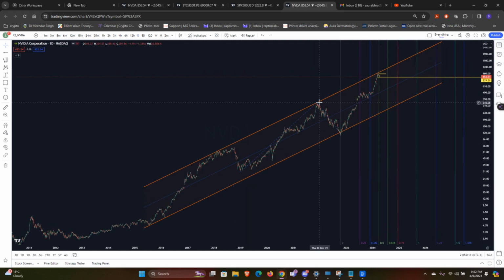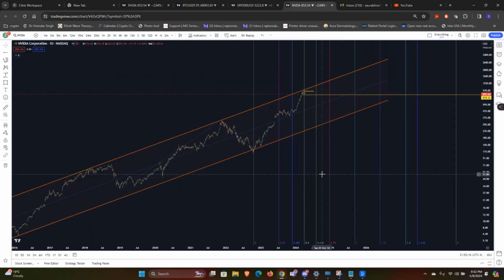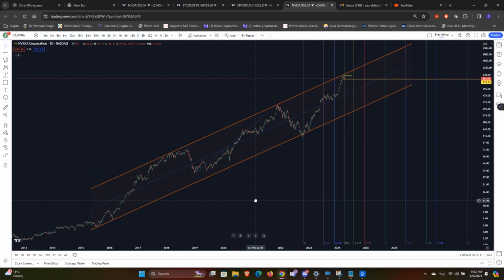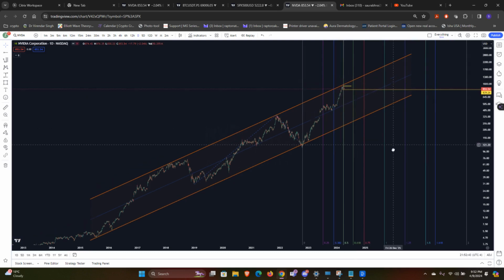From this perspective as well, we are at an intersection between time and the top of the parallel channel. So with certain probability, it's possible that price will show some kind of inflection over here. So we should start looking for some short setups.